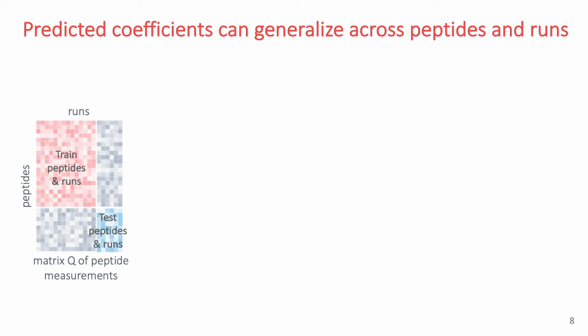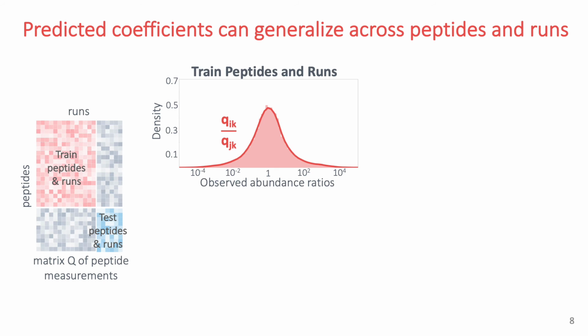We showed that our neural network can predict coefficients that are generalizable across peptides and runs. For this experiment, we first split our peptides and runs into train and test sets randomly. Here you see the distribution of observed abundance ratios for the trained peptides and runs. So in other words, for all pairs of sibling peptides P_i and P_j, we're plotting Q_ik divided by Q_jk.